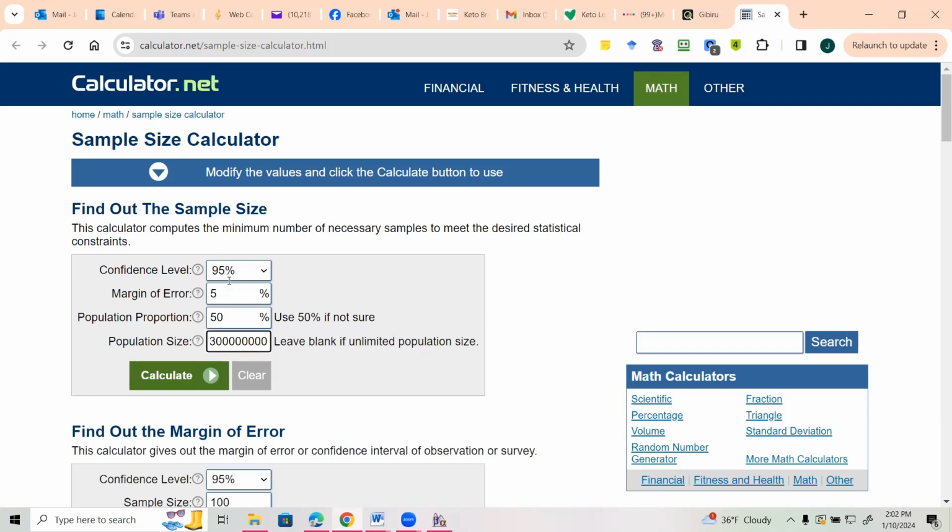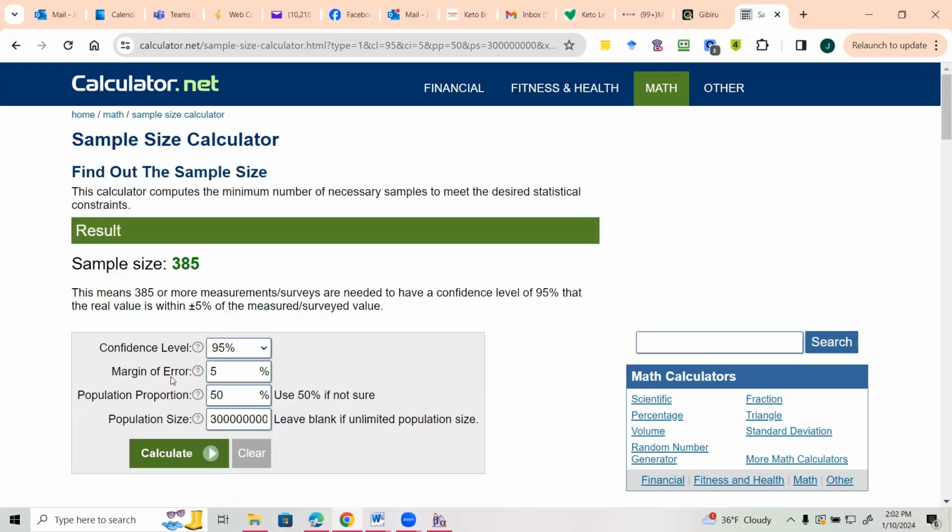And my confidence level, 95% is standard. Okay, sometimes it's 97%, sometimes it's less, but 95% would be the standard. I can calculate it. Okay.